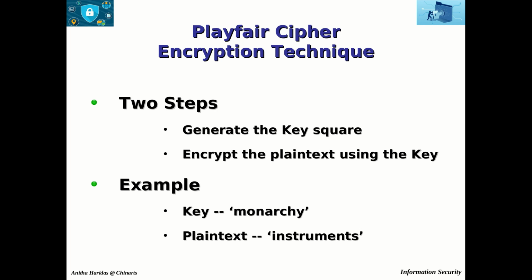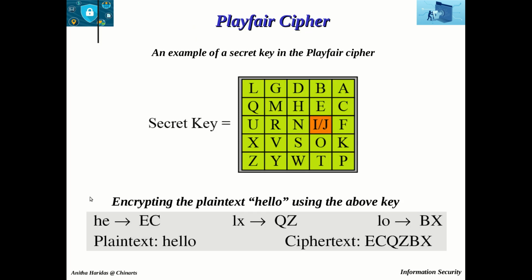And we have to understand that the Playfair cipher was used by the British Army during World War I. Please make a note of it. The secret key will be a 5 by 5 matrix with letters I and J in the same cell.